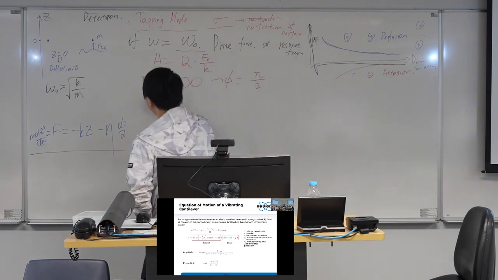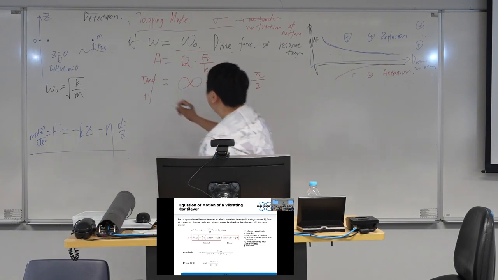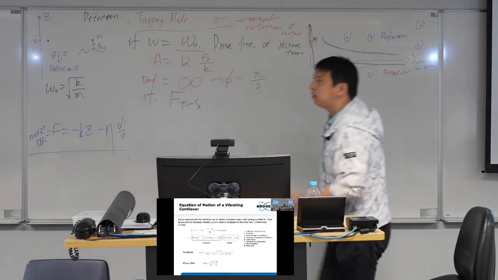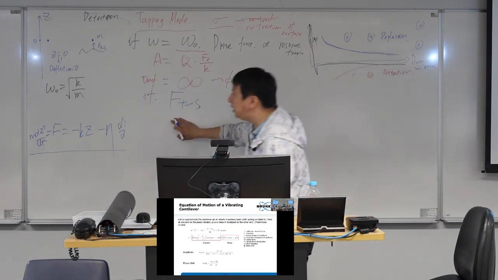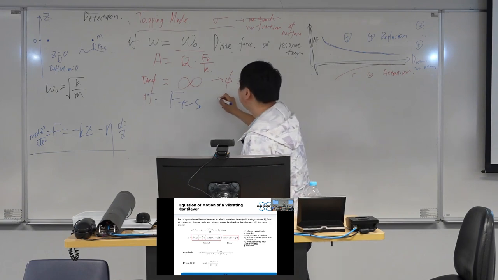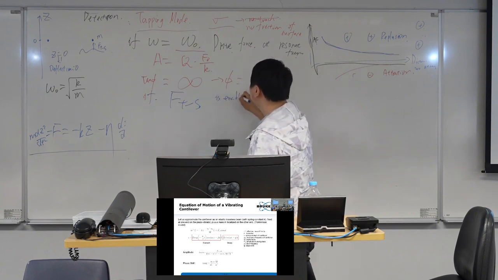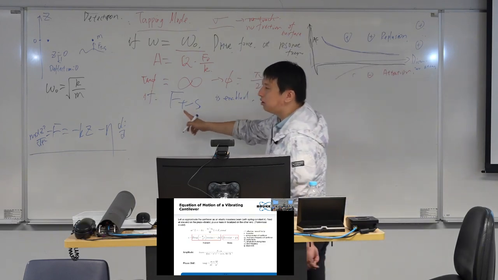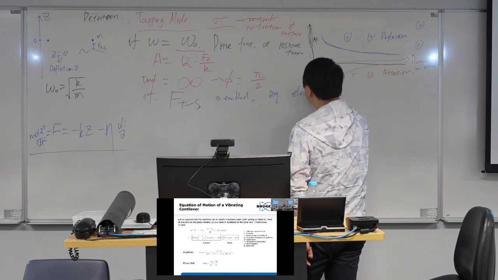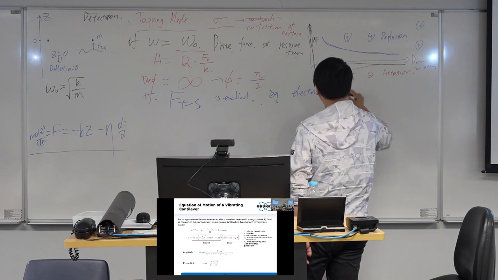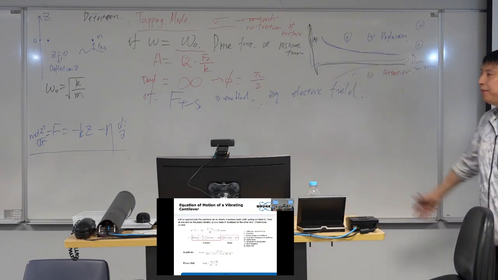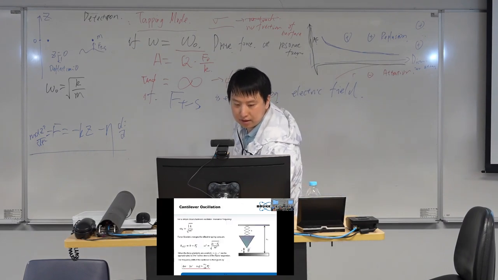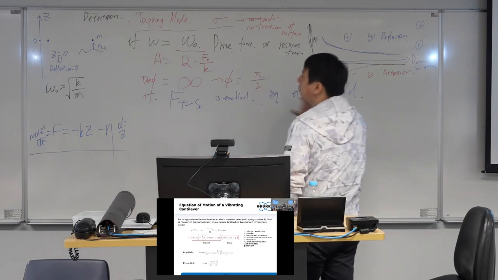So finally, if we have the interaction force between the tip and the sample, and say, for example, this interaction force is the electric field force, what will happen? How to do the mathematics here?